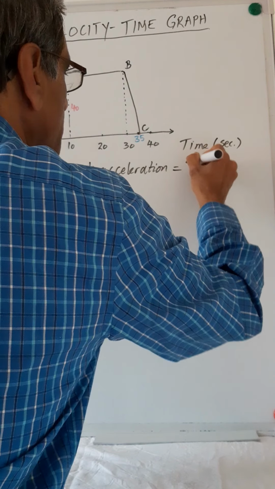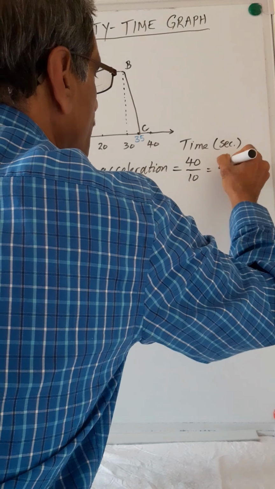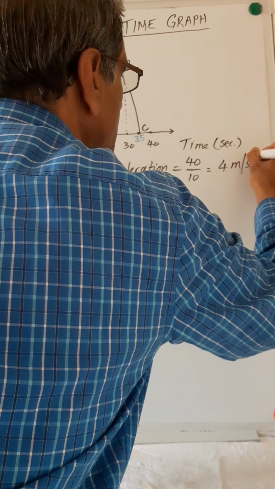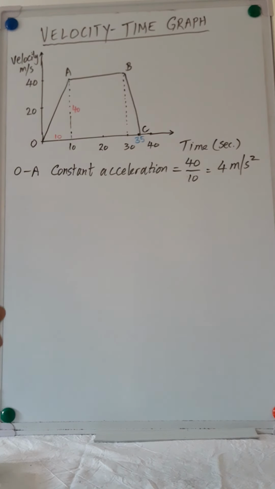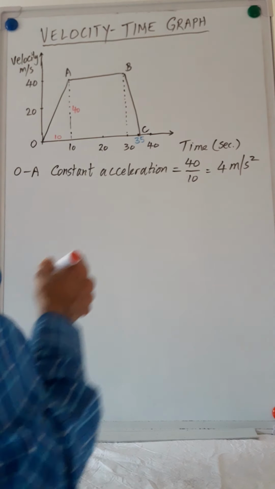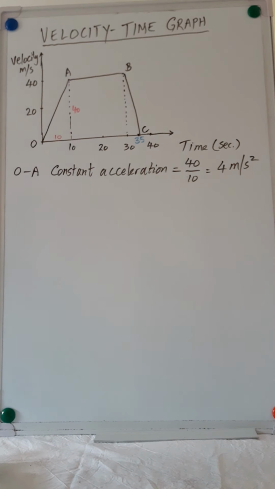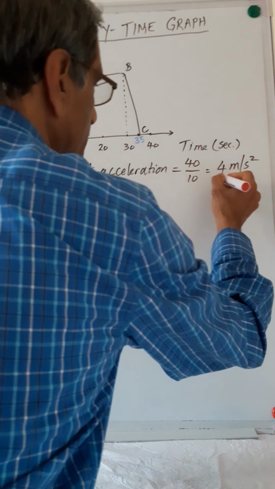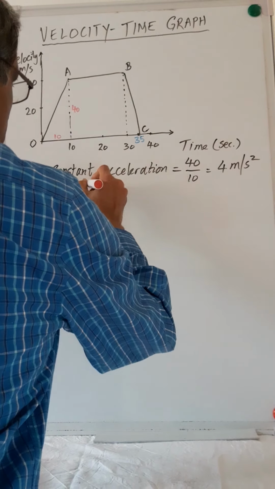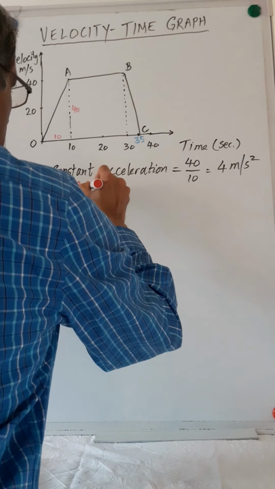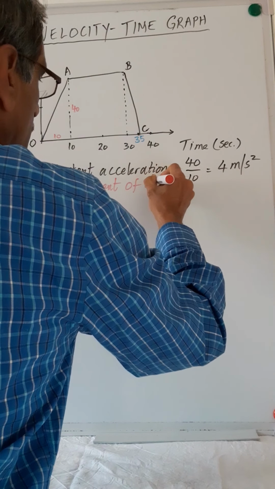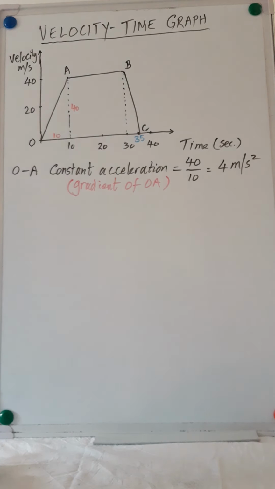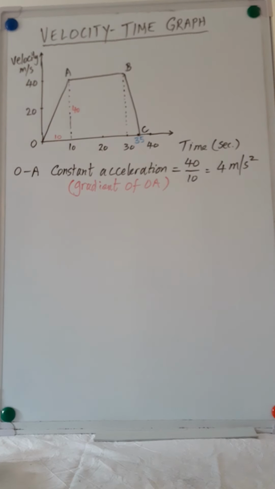This is equal to 40 divided by 10, which is 4 meters per second squared. Remember, this is the same as the gradient of the graph. I can write the gradient of OA is given by the acceleration.